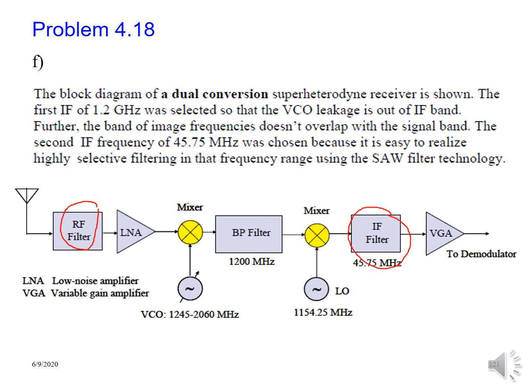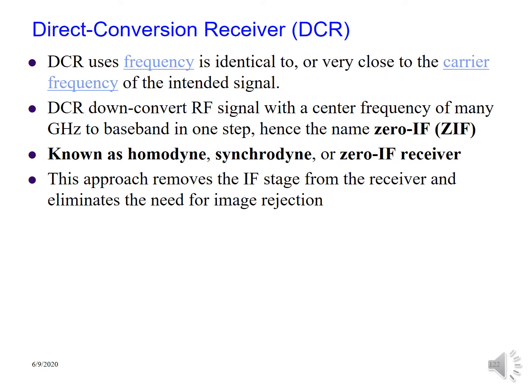The value of LO can be calculated with the incoming signal and also the allocated IF. Using a direct conversion receiver, or DCR, we don't refer to any IF, so it is also called zero IF. The same concept applies where we also need an LO, a local oscillator, but the local oscillator will use a frequency that is identical or very close to the carrier or intended signal.